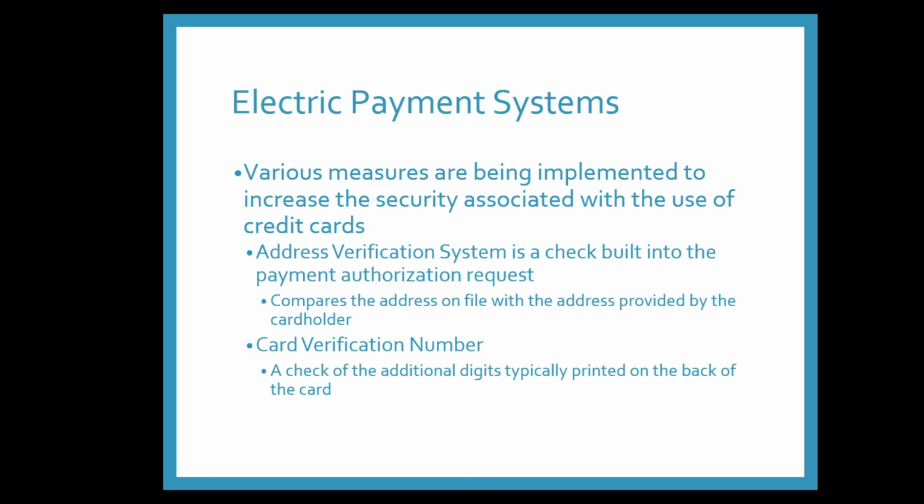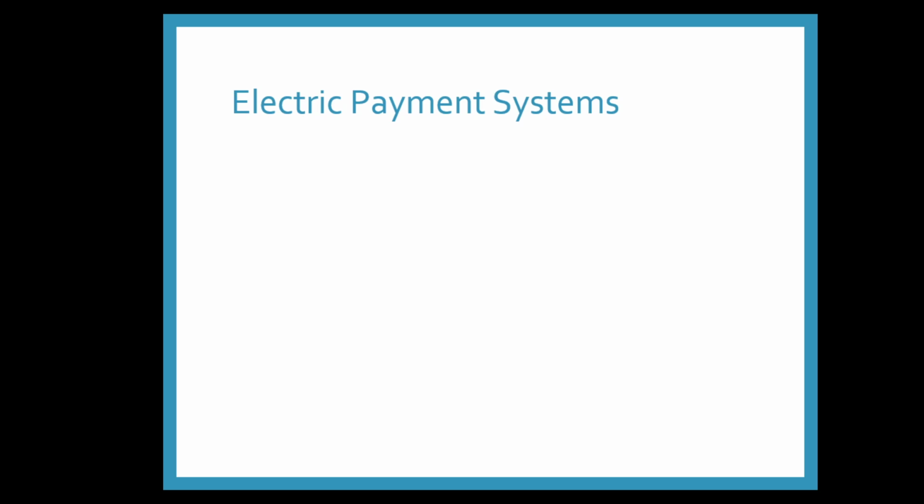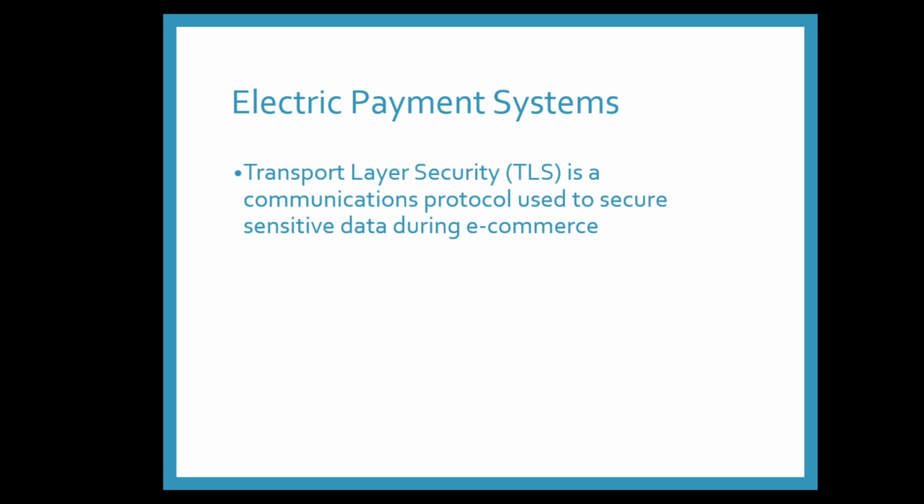It could be 3 digits or 4 digits. You must not give that to anyone whenever you have credit cards or debit cards. Those are sensitive data. The transport layer security system is a communications protocol used to secure sensitive data during e-commerce.